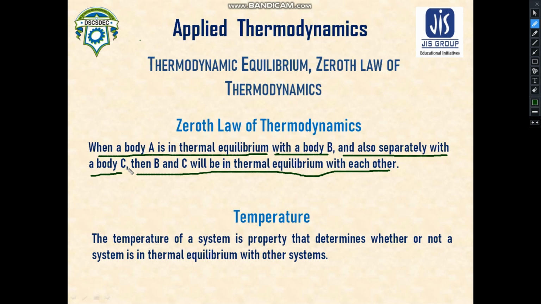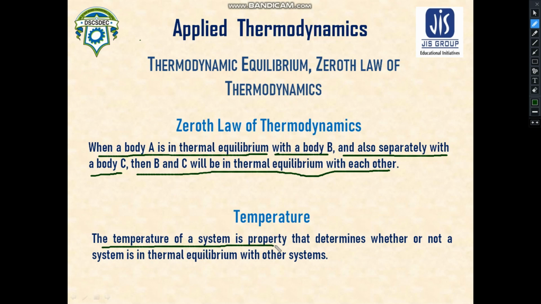Okay, so temperature is the property by virtue of which heat can flow, or from the microscopic point of view, from the point of view of statistical thermodynamics, we can say that it is the average kinetic energy of the molecules, right? But from the perspective of thermodynamic equilibrium, temperature can also be defined separately. So which is given here.